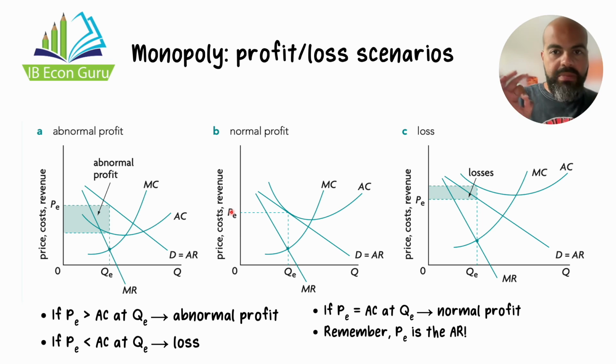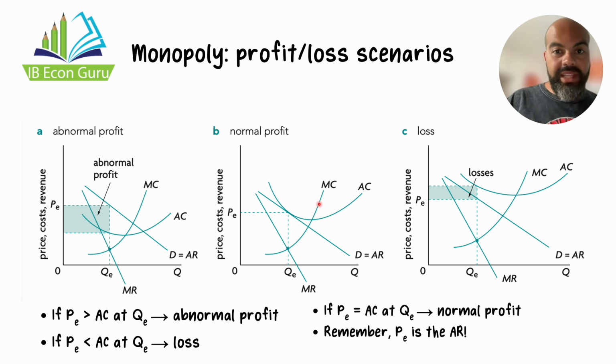The key thing to remember here is that the monopolist has high barriers to entry, which means if there is any abnormal profit, the monopolist can maintain this abnormal profit into the long run, because no competitors can enter the market to compete with the monopolist. If there is a loss, the monopolist has to figure out a way to either lower their AC, lower their average cost, or increase demand for their product, increase their AR.